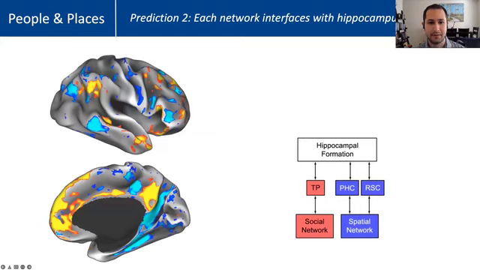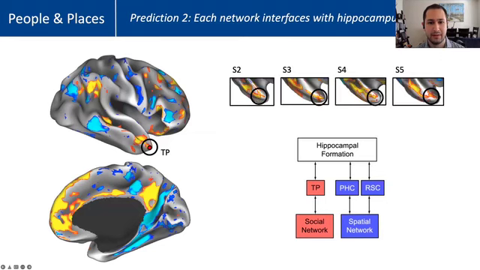We next test the hypothesis that these sets of regions include zones of cortex with known anatomical connections to the hippocampal formation. So in response to people, we see a region of the temporal pole, a primate-specific brain region with direct bidirectional connections to entorhinal cortex in primates. This response is consistent across all of the subjects in our study and all 3 tasks.